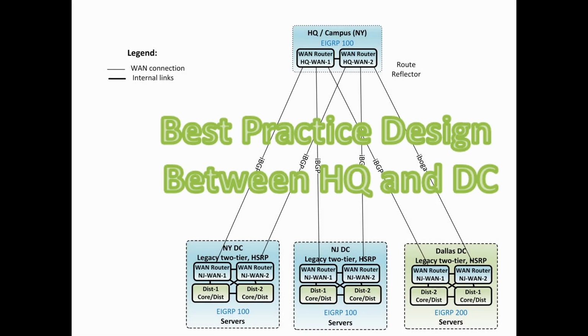You might be wondering, what is the best practice design for the WAN architecture between the headquarters and the data center? As shown in the diagram, the best practice design is something like this. Headquarters connect to each data center directly, either through physical links or through logical links. Dedicated WAN routers should be used to terminate the WAN circuits.